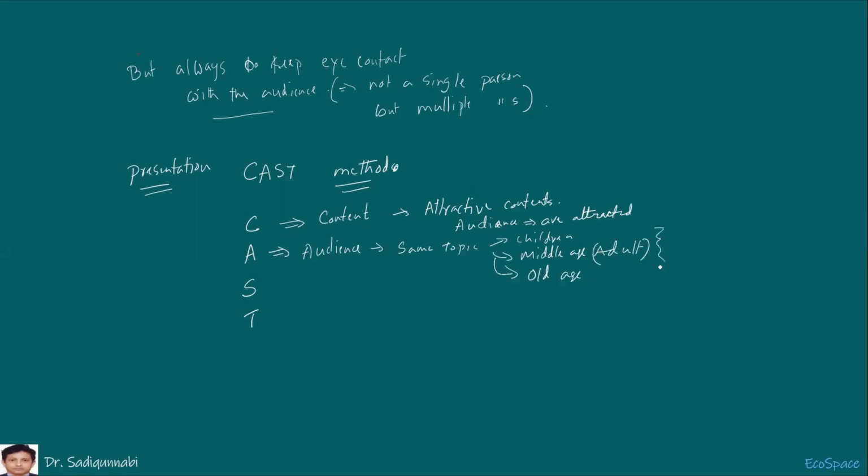So you must judge them. Same topic, you must change the content for children, change the content for middle age, change the content for old age. So audience should be judged. Okay. So first item is content, and the second item is audience.